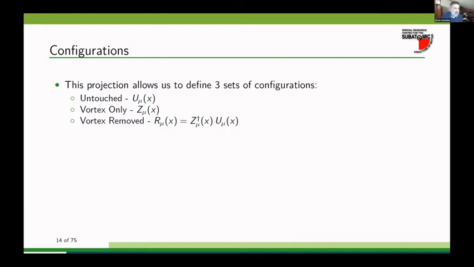And the other thing you can do is take the original untouched configuration and multiply by the Hermitian conjugate of the vortex. That will necessarily remove all vortices from the original fields and leave you with a vortex removed field. And so you can study these 3 different field configurations to try and understand what the role of center vortices is.